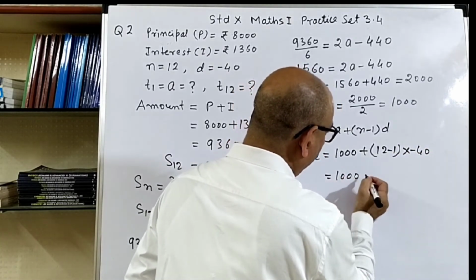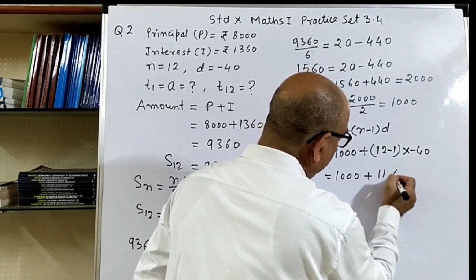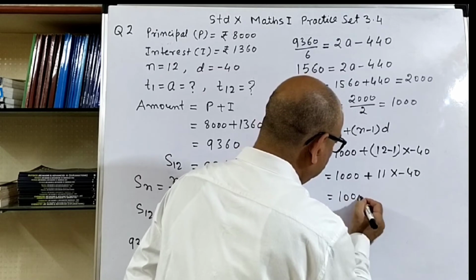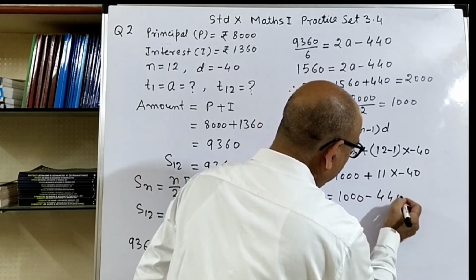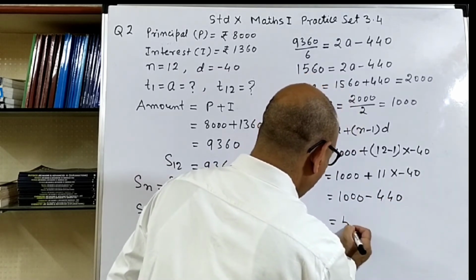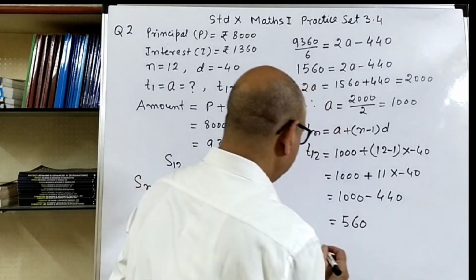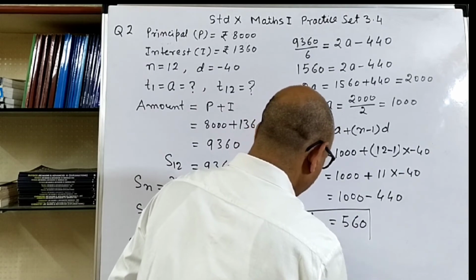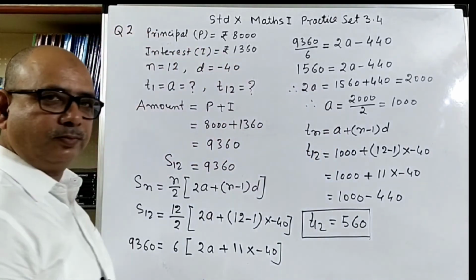This is equal to 1000 plus 11 into minus 40, which is equal to 1000 minus 440, this is equal to 560. The value of the last installment, the 12th installment, is 560.